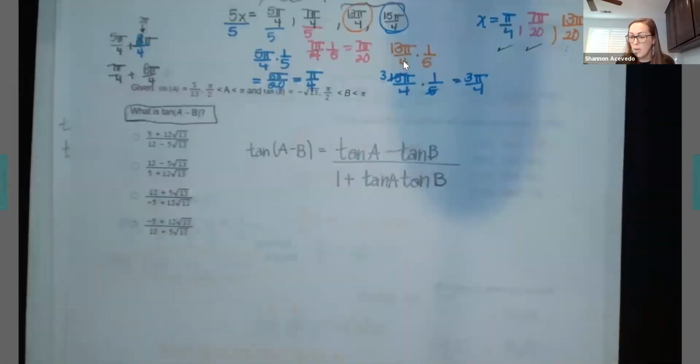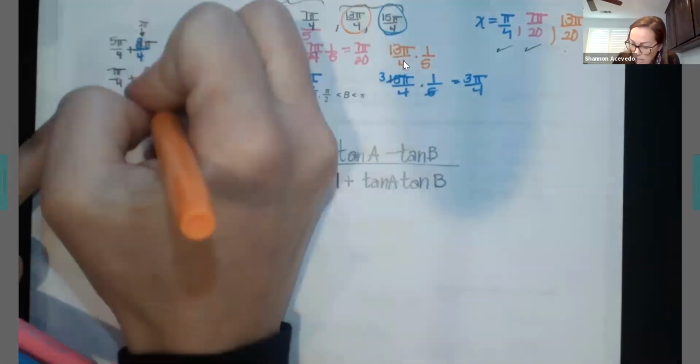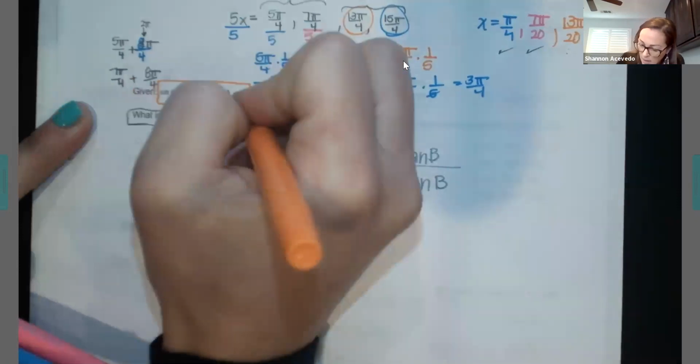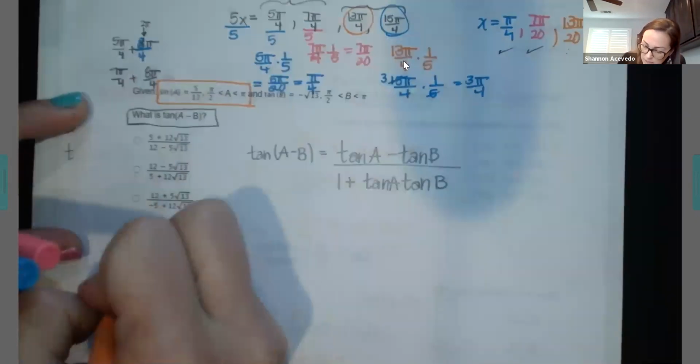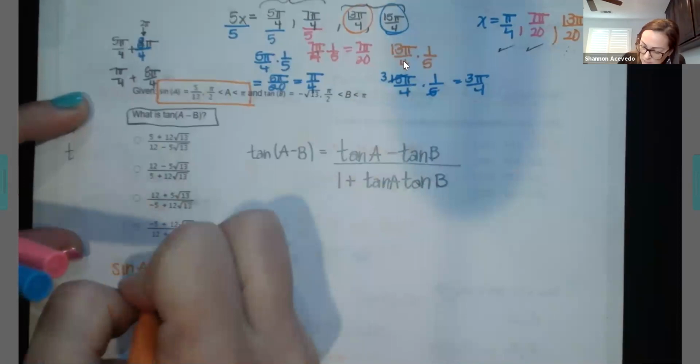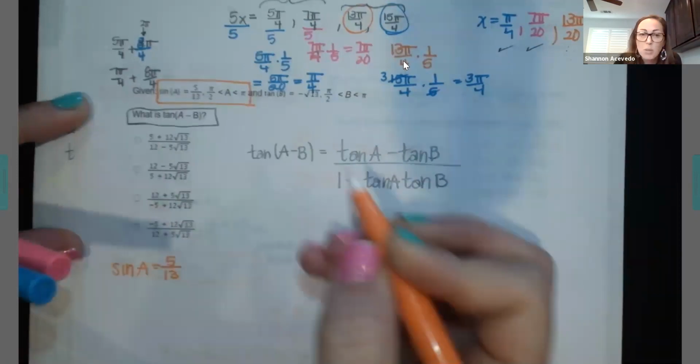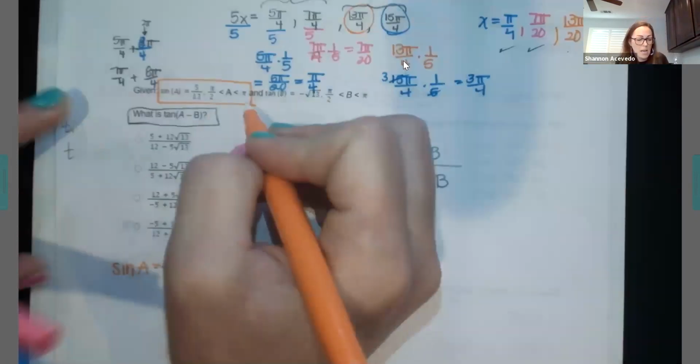All right, so here's the equation. What do I know? I need to figure out what tangent of A is. I know that sine of A is equal to 5/13, and it's between pi over 2 and pi.